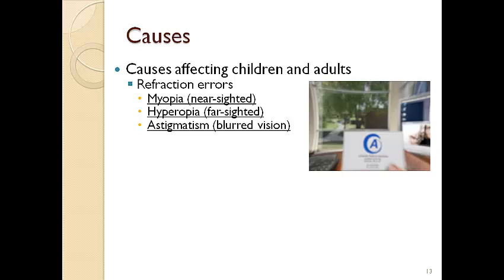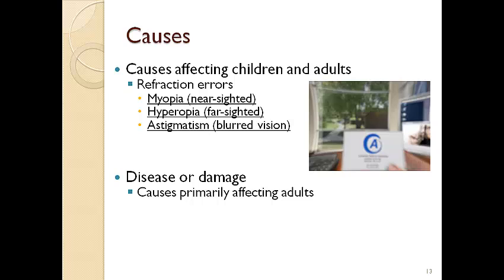But there are some more serious problems which typically include disease or damage to any part of the eye. These are more common in adults than in children, but some children may also experience these. So we have glaucoma, cataracts, diabetic retinopathy.